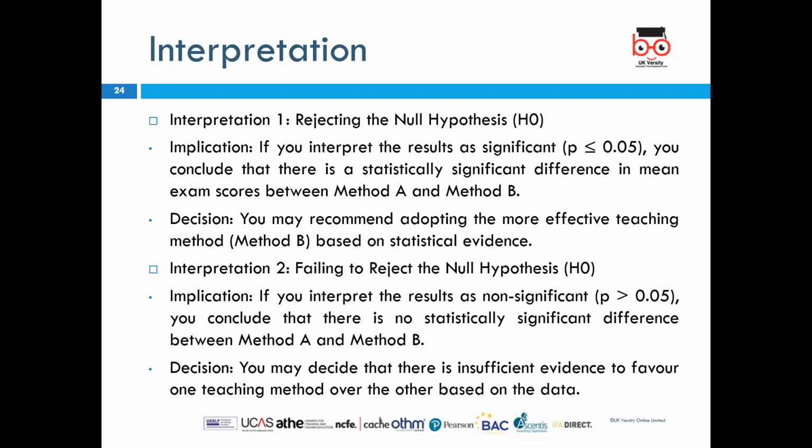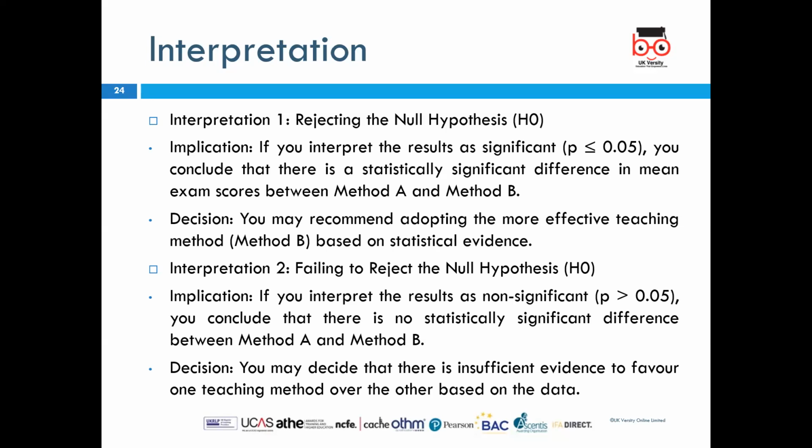That is, if you interpret the results as statistically significant, you conclude that there is a statistically significant difference in mean exam scores between method A and method B. And you may recommend adopting the more effective teaching technique based on statistical evidence.